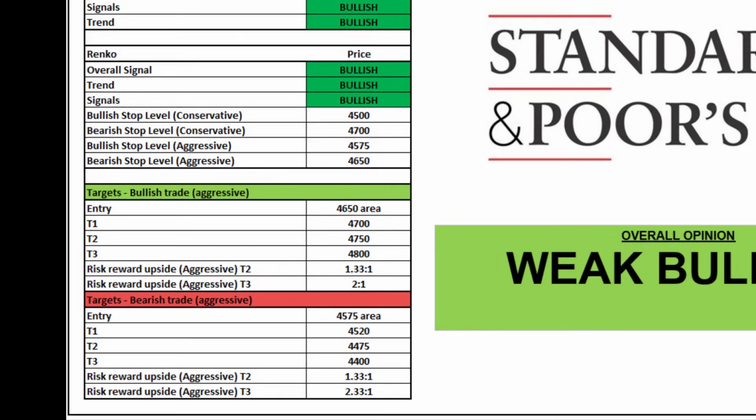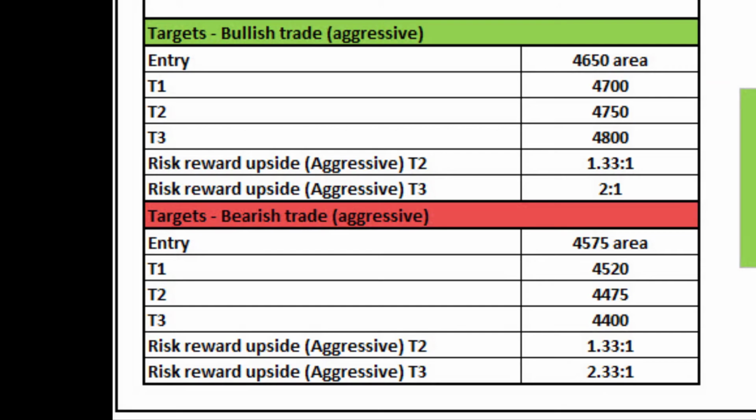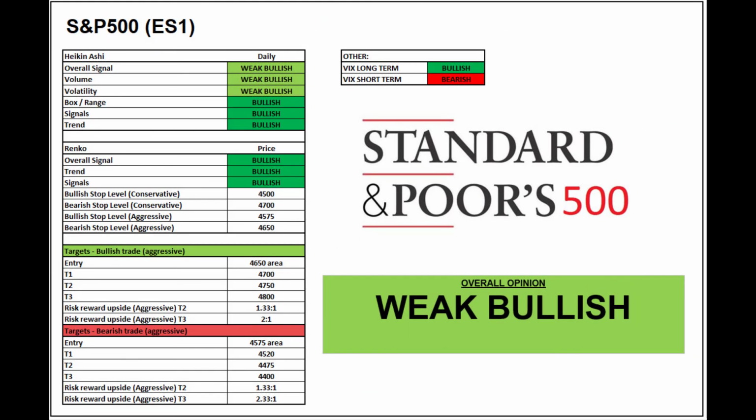And if we're focusing on the targets, upside 1.3 and 2 to 1, and downsides very similar but just slightly better at 1.3 and 2.33 to 1. But like I said, overall weak bullish, verging on bullish, so I'd use the indicators and tools that you have to time your way into the trade rather than just going straight on in.